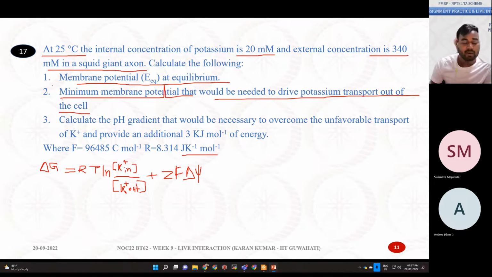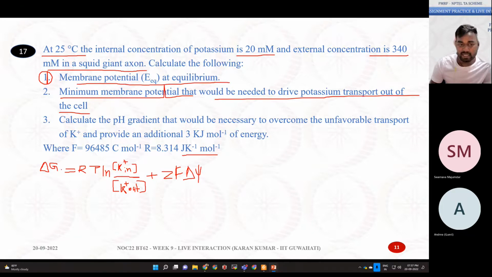Now the concept that you need to recall is at equilibrium. At equilibrium means the reaction is not going, there is no transport from inside or outside. So at equilibrium, what will be delta G? Delta G should be 0. It is neither spontaneous nor non-spontaneous.